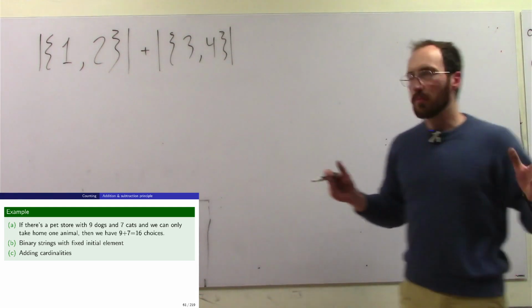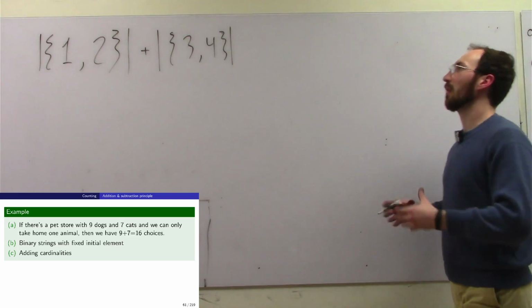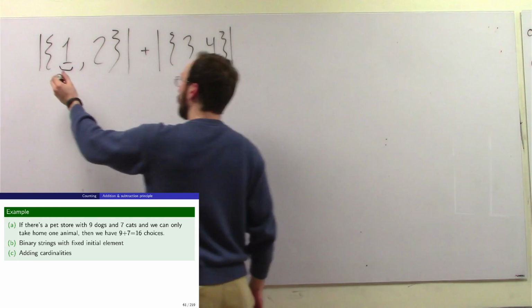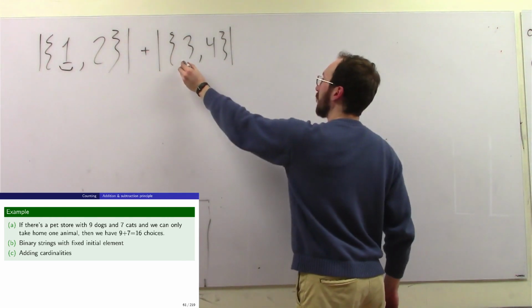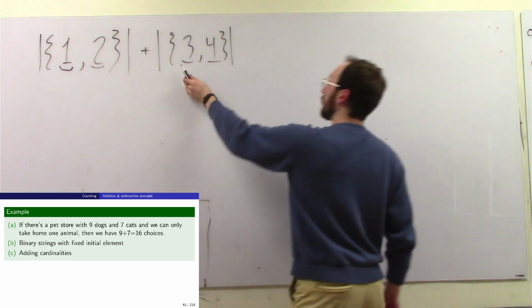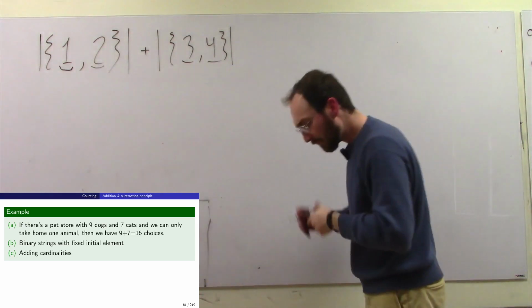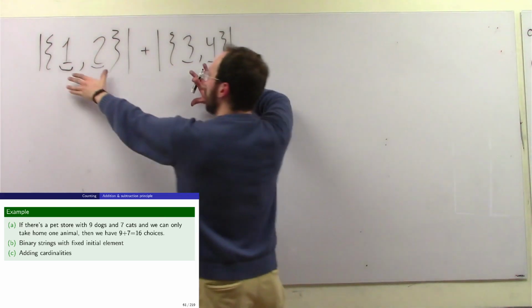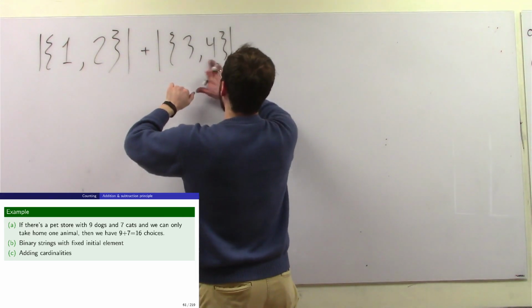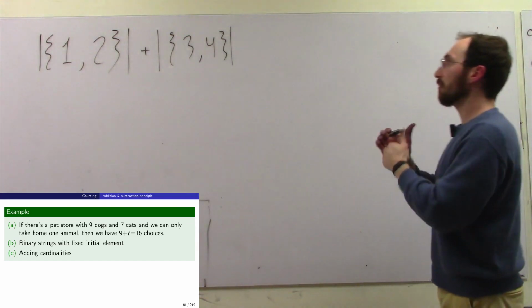Why does this matter? Why is this connected at all to what I've been saying thus far? Well, there's a 1 over here. There's no 1 over here. Similarly, 2 over here, no 2 over here, and vice versa. These sets, they don't share any members between them. They are said to be disjoint.